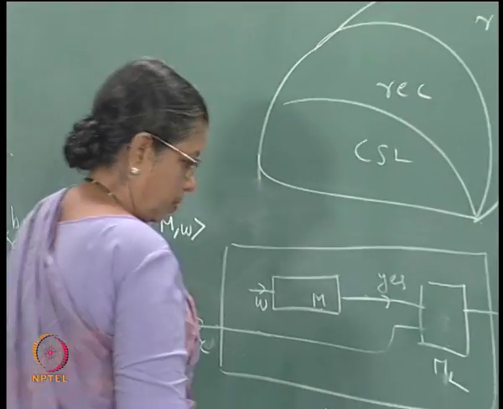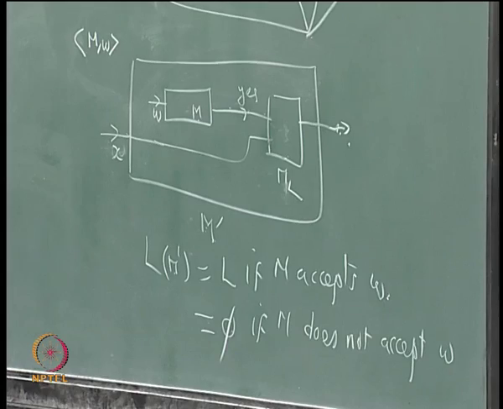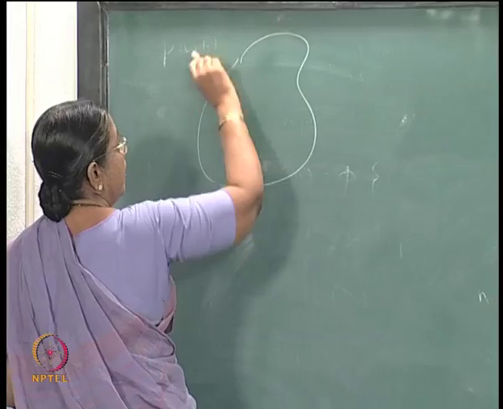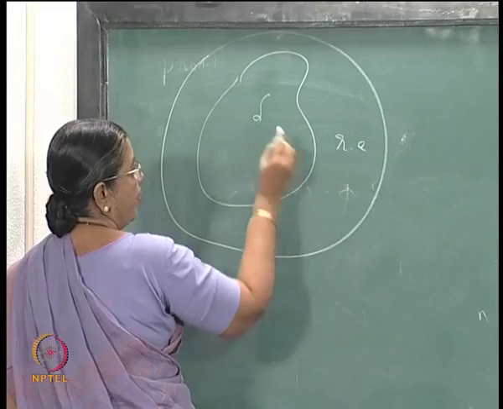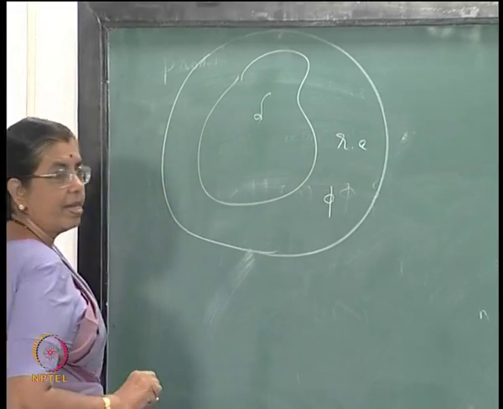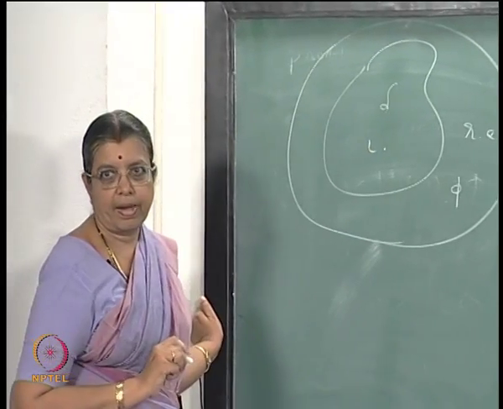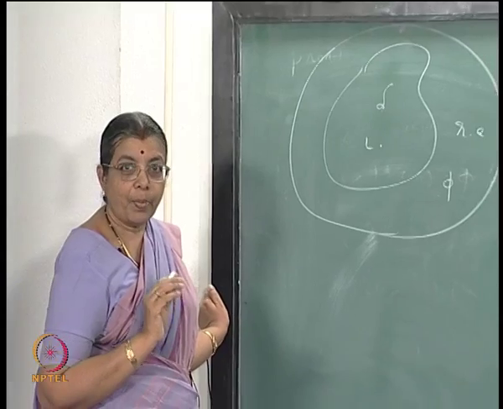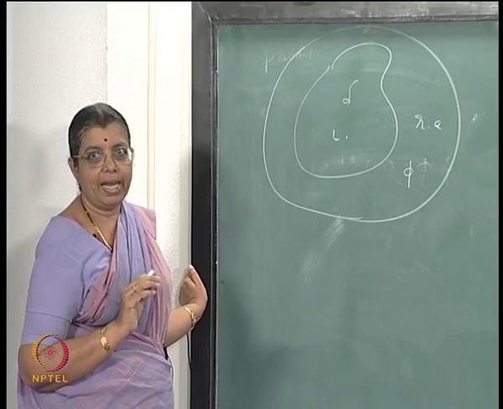Right. Now, S is a non-trivial property. If this is the family of RE languages, S is here, and we have seen that phi is not in it; phi is here, L is here. Now, suppose S is a decidable property, then what can you say about L of S?